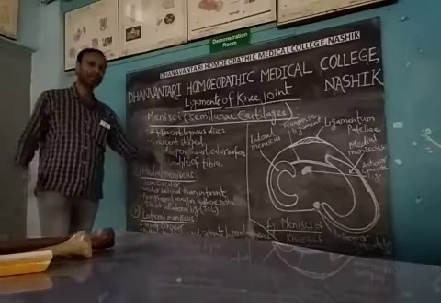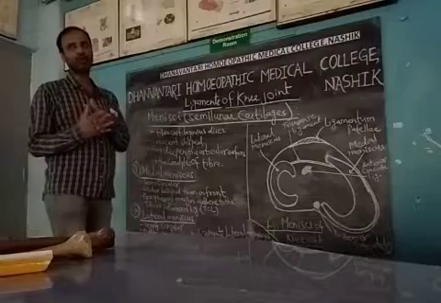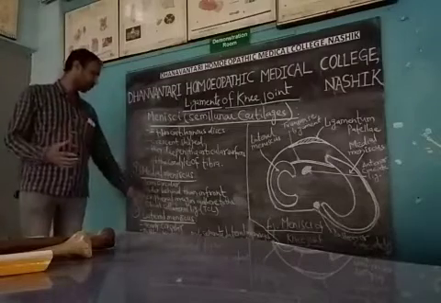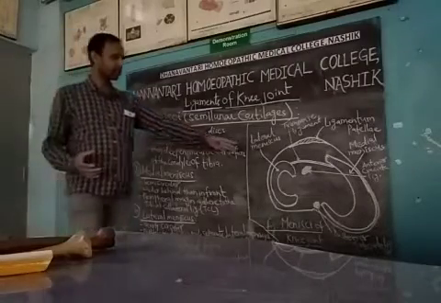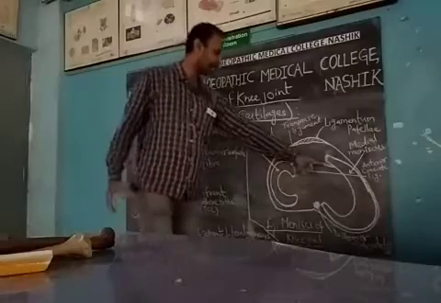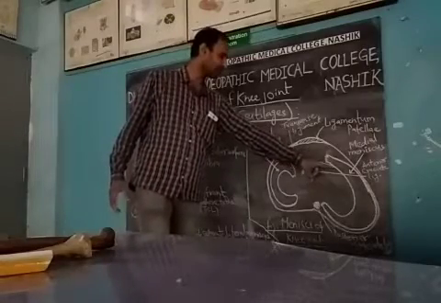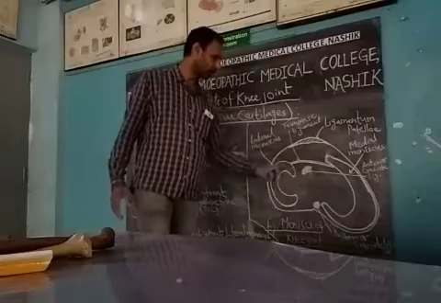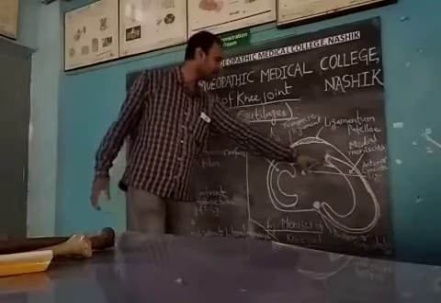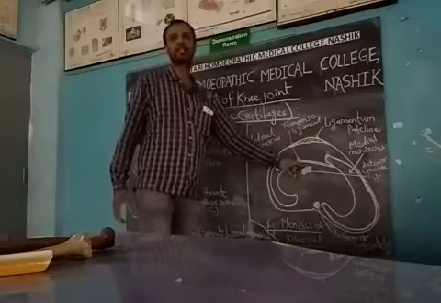So this peripheral margin adheres to the tibial collateral ligament. The anterior part of both the medial and lateral menisci is attached to the transverse ligament.